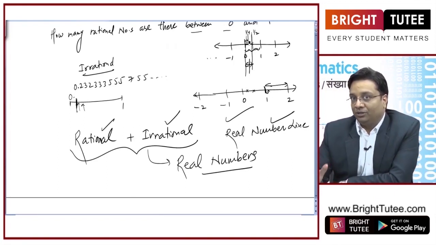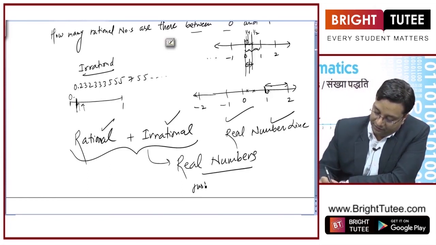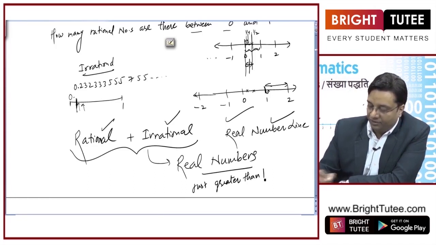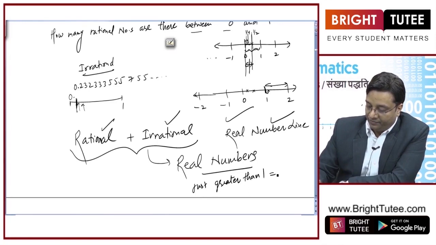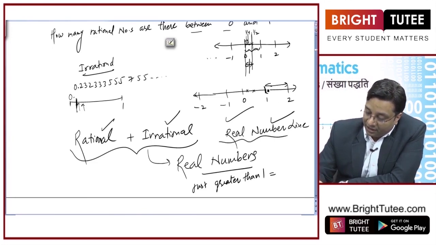So based on this concept I am asking this question, give me a number just greater than 1. Which number will it be? Some of the students may think greater than 1 will be 2. No, I am not talking about integers here. I am talking about real numbers.